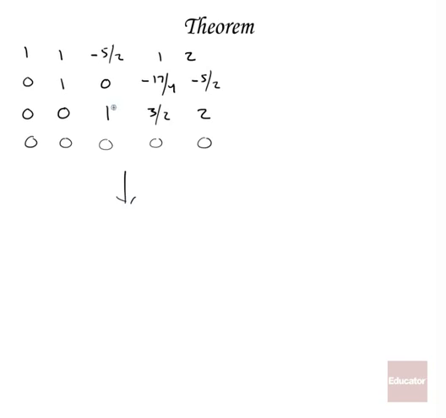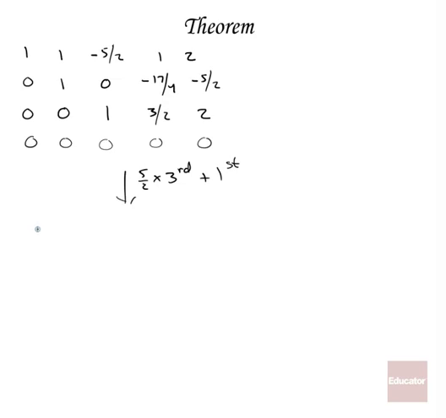Now I'm going to get rid of this 5 halves. So I'm going to multiply 5 halves times the third row plus the first row.